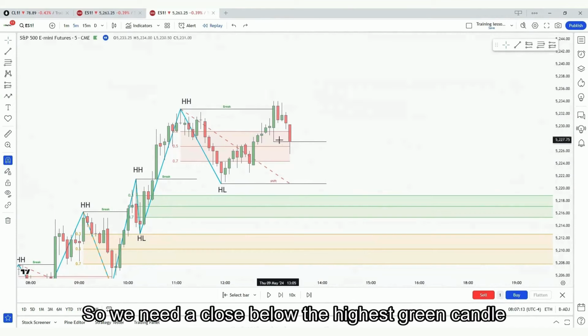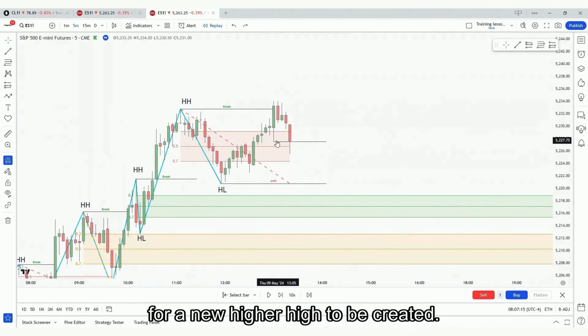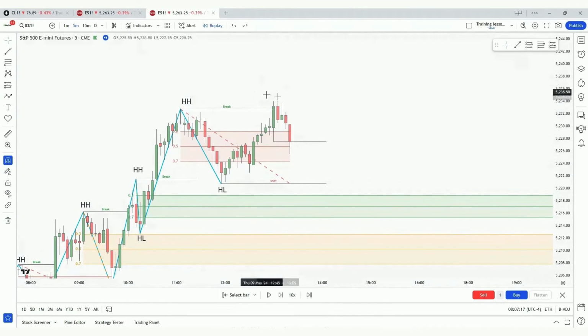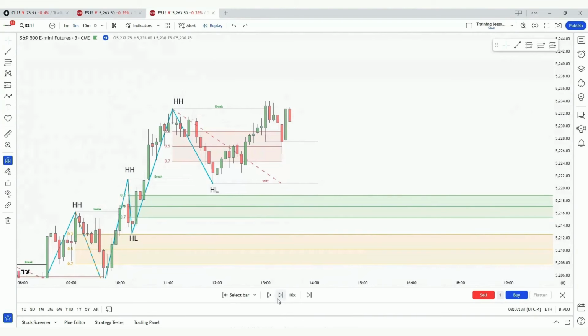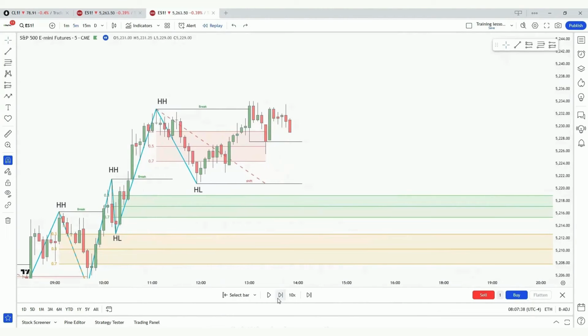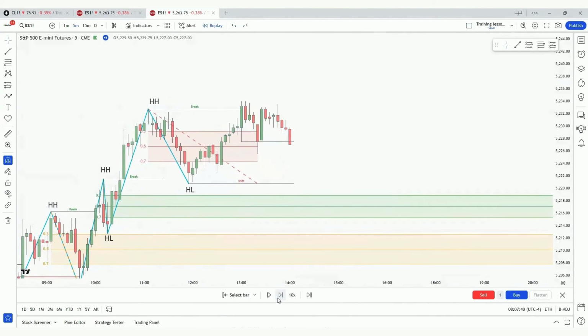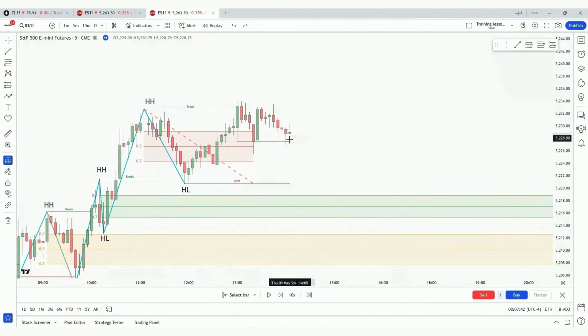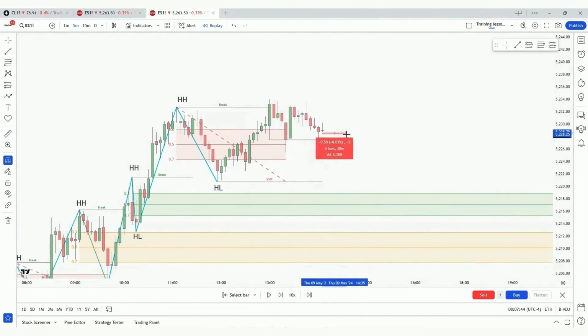So we need a close below the highest green candle for a new higher high to be created. So let's see. Still no close below.